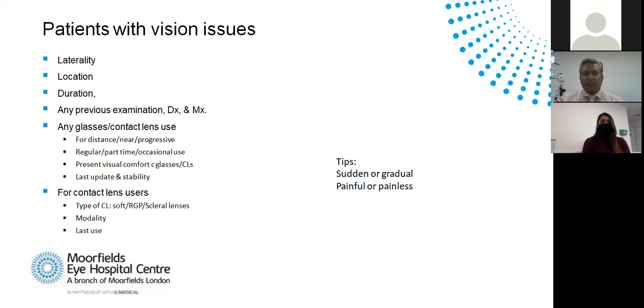It's not necessary that you first ask the laterality, but we can ask if the vision is less in both eyes or only one eye, and then if the vision is less at far or near or anywhere. And if it is for a certain duration, sometimes they will say they don't feel comfortable when driving or after using the computer. If there is any specificity, we try to find out that part.